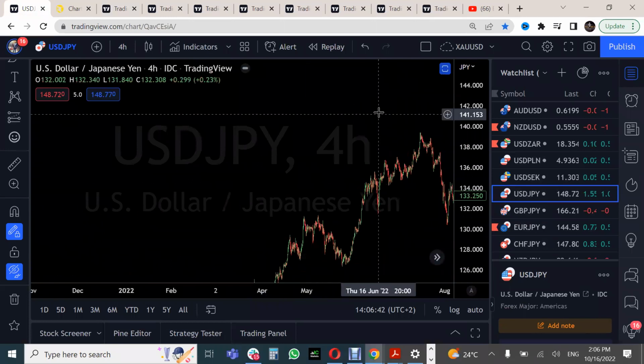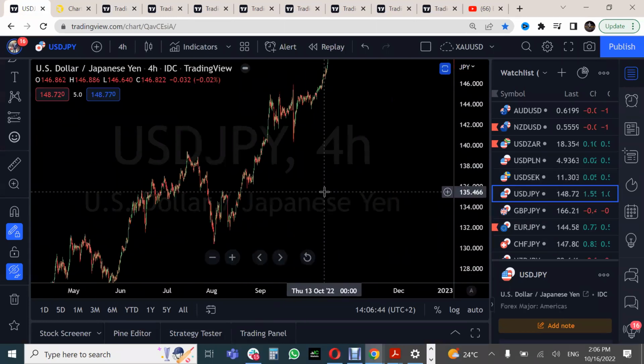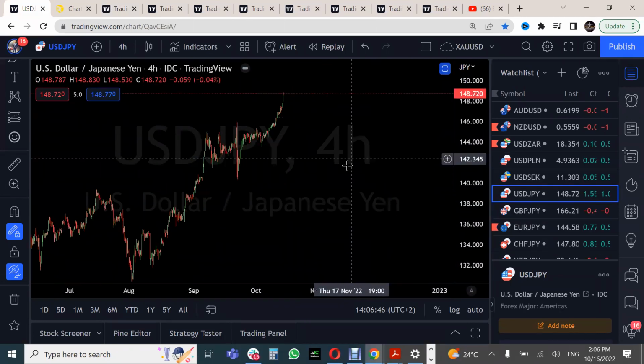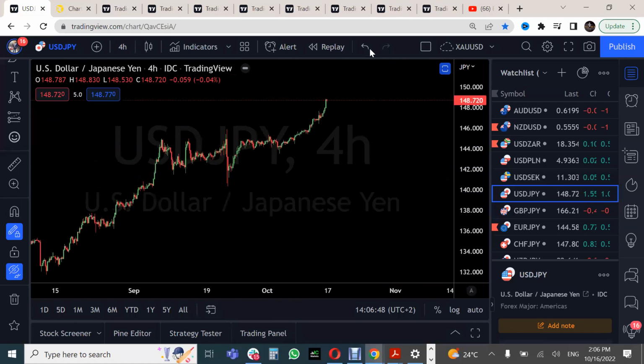From 144. This is where we were here. So we forecasted it here, expecting it to continue to push to the upside, makes a three-way pullback and continues pushing to the upside. Easy 400 pips. Even if you didn't buy it here, you could have just bought it here. That was a textbook trading opportunity on US dollar yen.